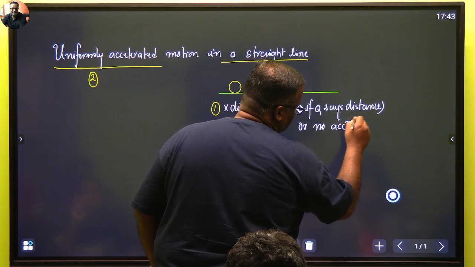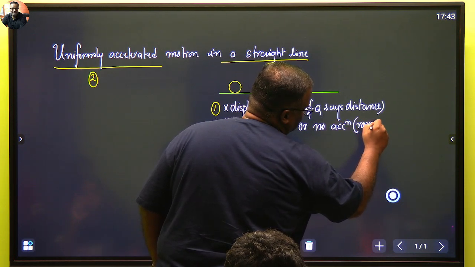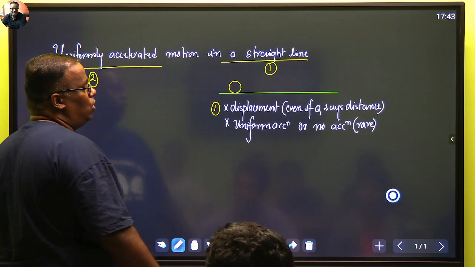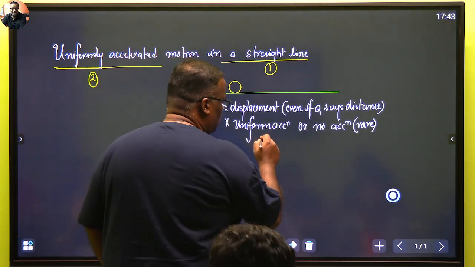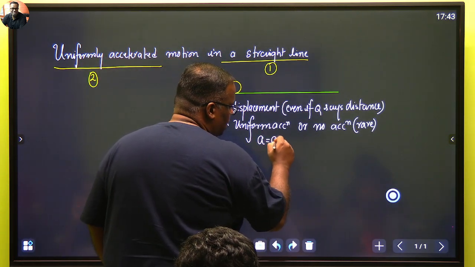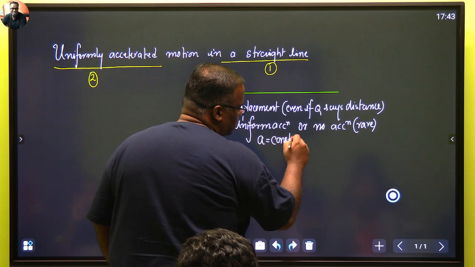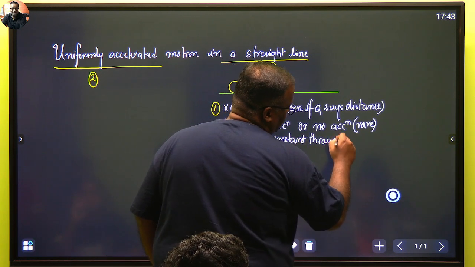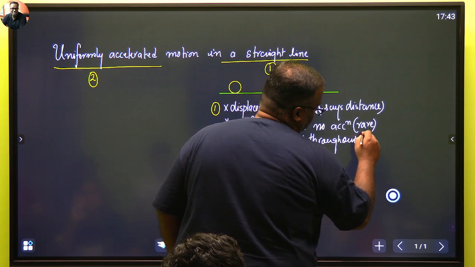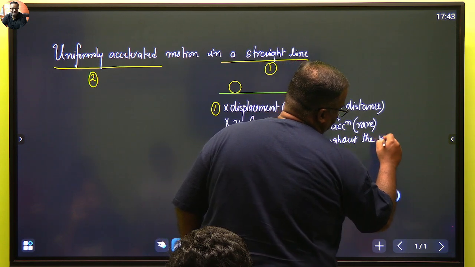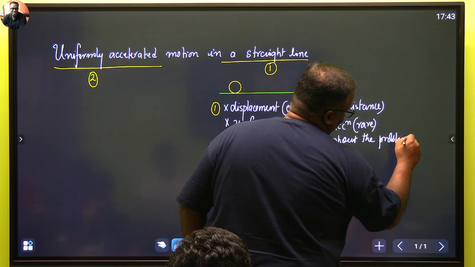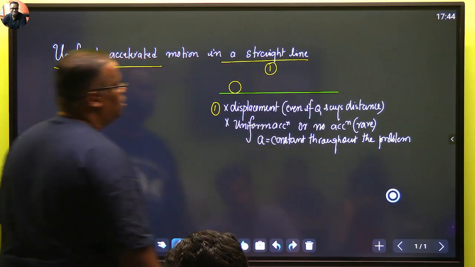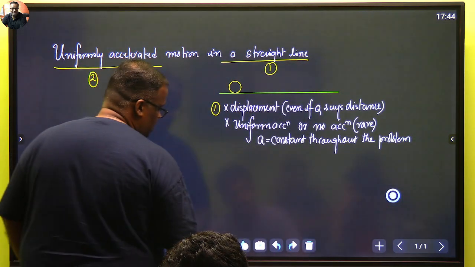The no acceleration case will be rare, that is a grade 6 type problem. So whatever acceleration we have will be constant throughout the problem. You need not bother about it. That acceleration will be constant throughout the problem.